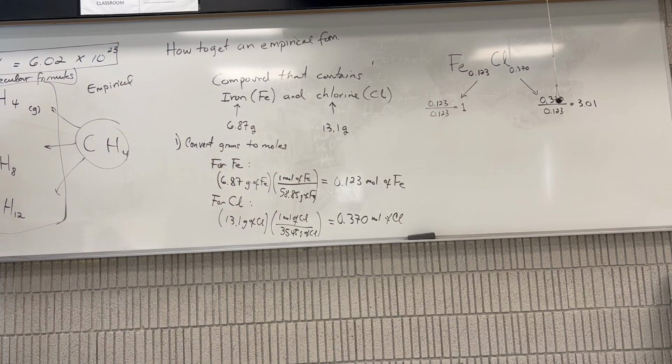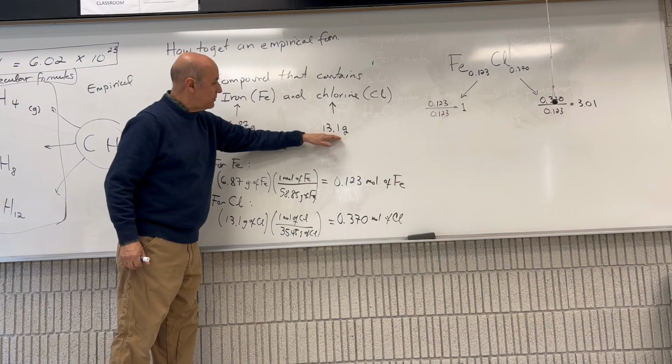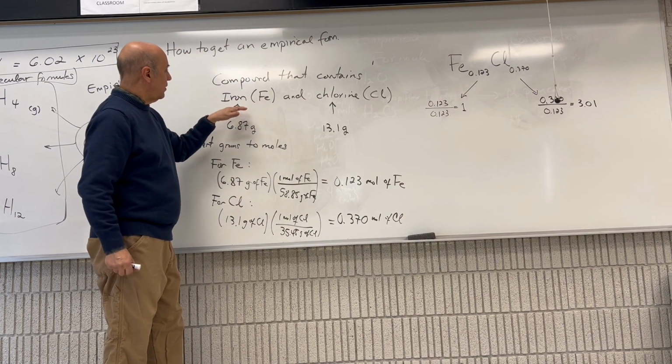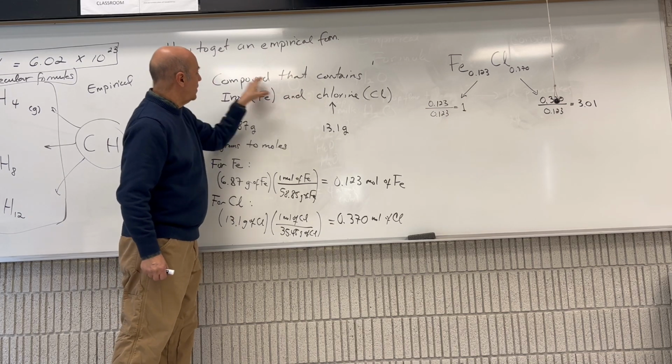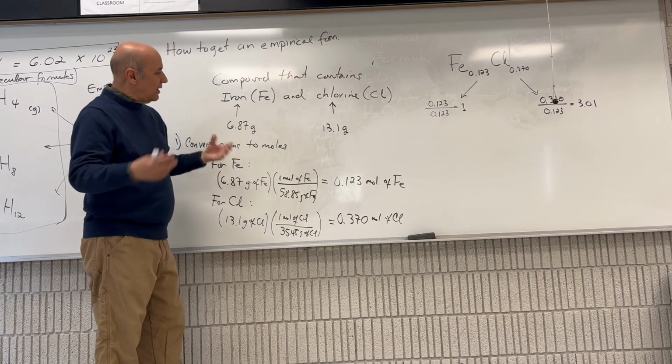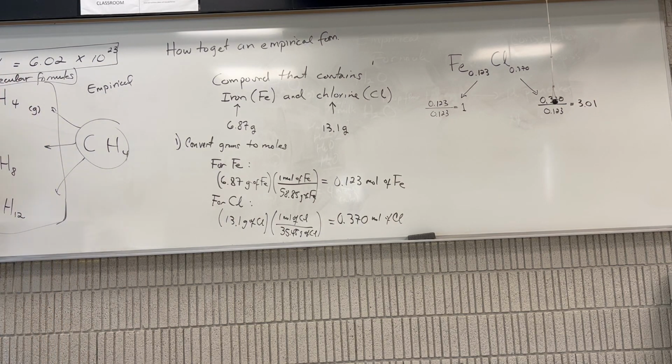It's not a whole number, right? But it is. Why? Well, the numbers that you have here come from an experiment that discovered how much iron and how much chlorine was in that compound, and it has error. It's not perfect. It's never going to give you the precise amount.